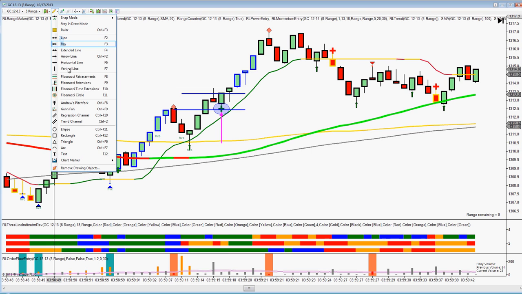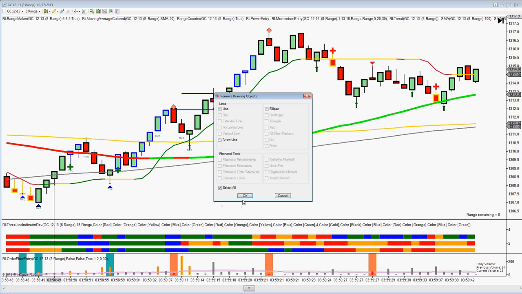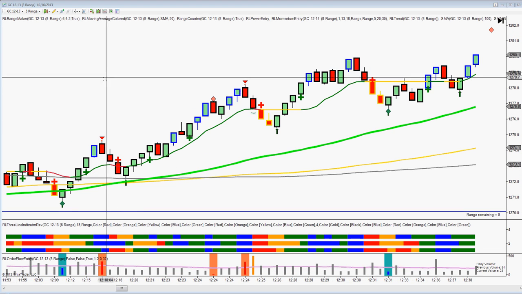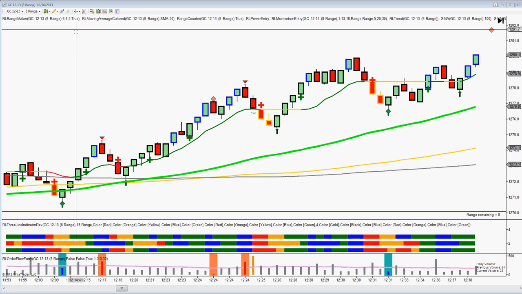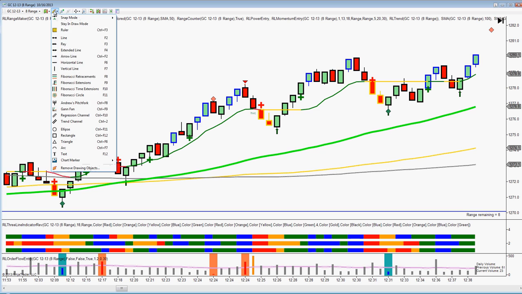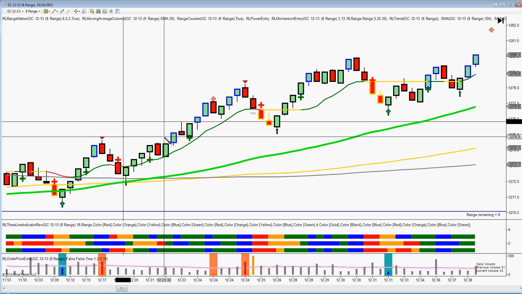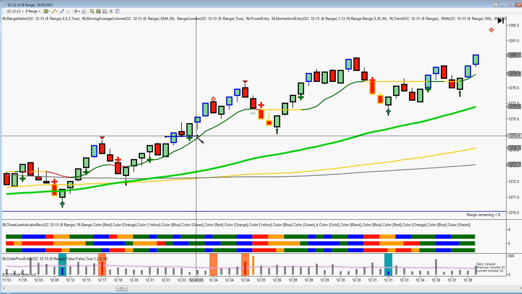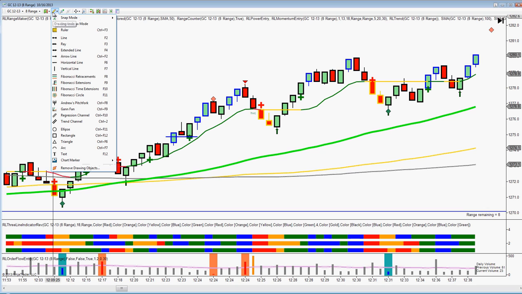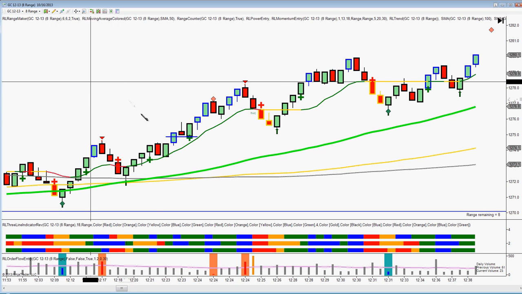Let's take a look at another momentum signal. Right here, we have price again in a small sideways channel.